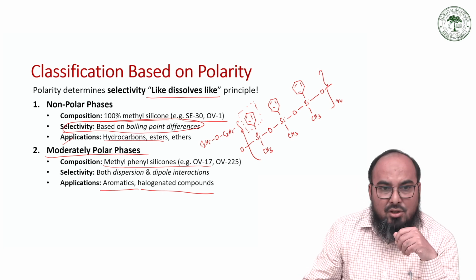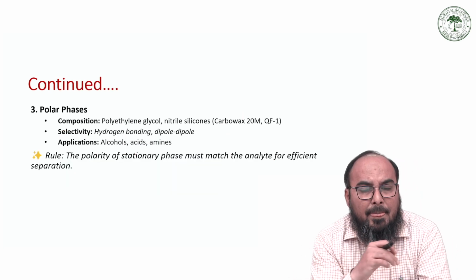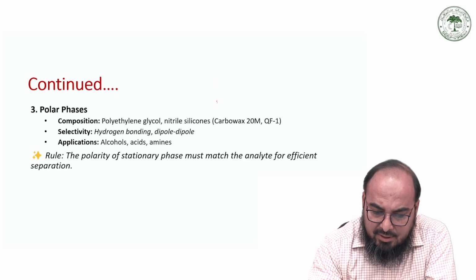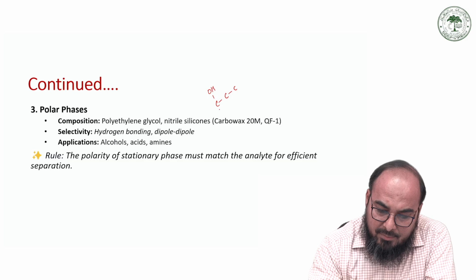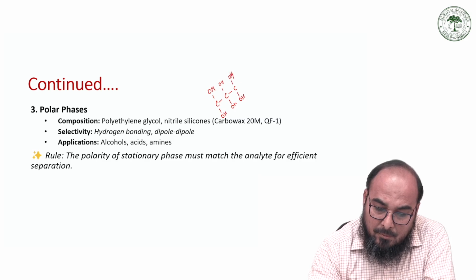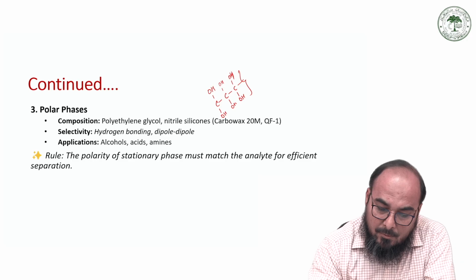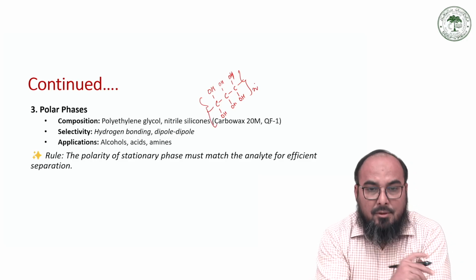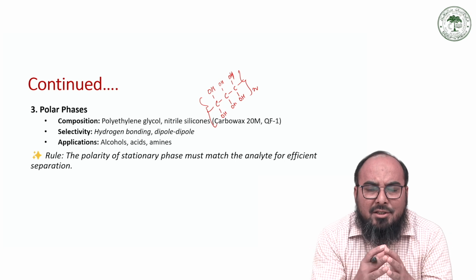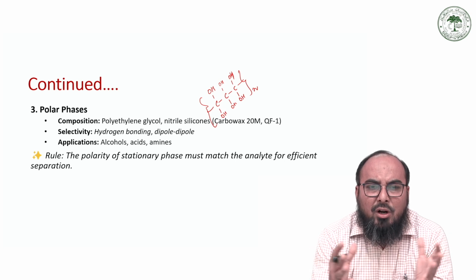Okay. So let us see a polar phase now. Polyethylene glycol means it is like this. Now you can see there are a lot of hydroxy groups imparting it a highly polar nature.